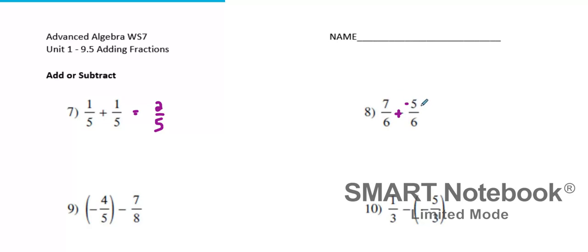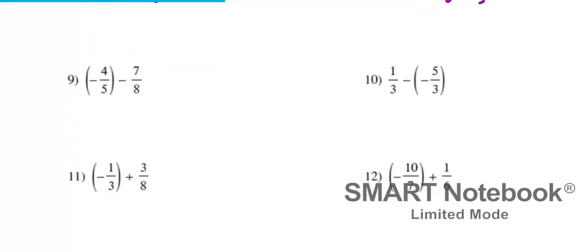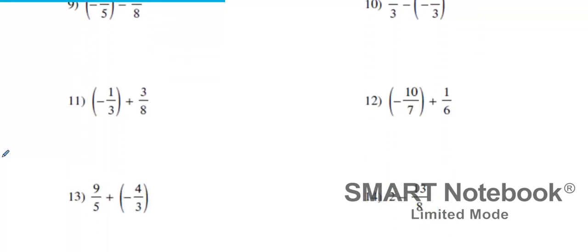But this one, it's just 7 minus 5 over 6, so it's 2 over 6. And then you can reduce, so we can make the fraction a little smaller. That's the general gist of it, and then, of course, it's going to get more complicated than that.